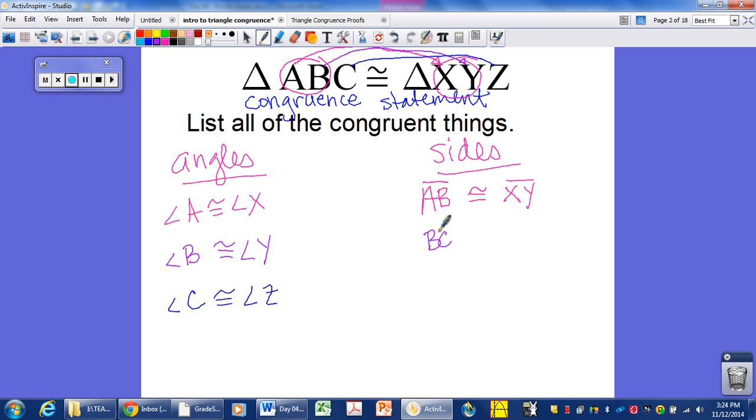So BC will be congruent to YZ, and finally segment AC is congruent to segment XZ. So segments are congruent, angles are congruent, their measures and their lengths are equal. So we write the congruence symbol.